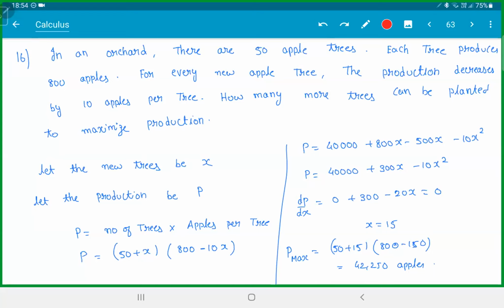Any doubts on this? Anyone not clear with any particular step here? Clear? Next one. Turn the page.